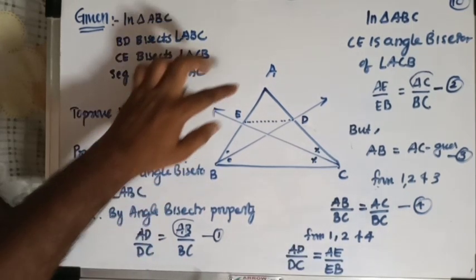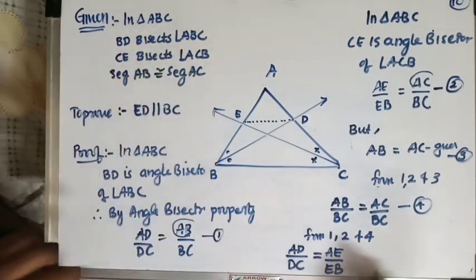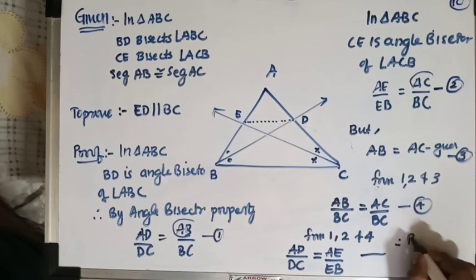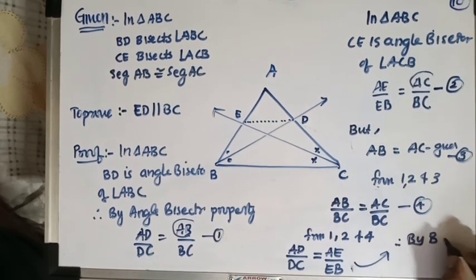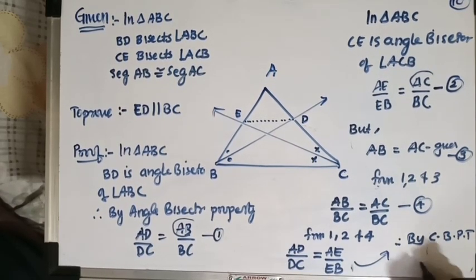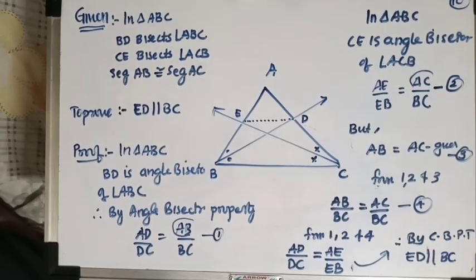Now see, AD upon DC is equal to AE upon EB. Therefore, now from here the next step, by converse of basic proportionality theorem, if the sides are in proportion, the lines will be parallel, ED will be parallel to BC. Okay children, so you got this. I hope you might have understood.